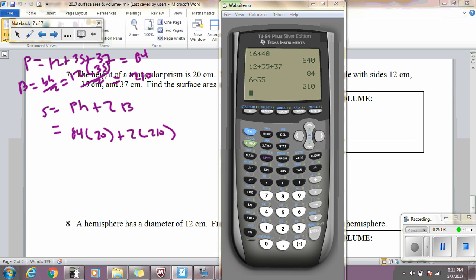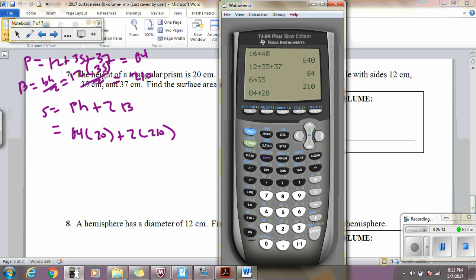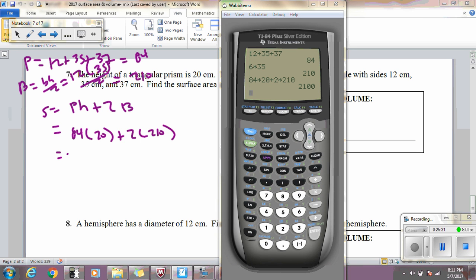All right, so 84 times 20 plus 2 times 210. 2100 centimeters squared.